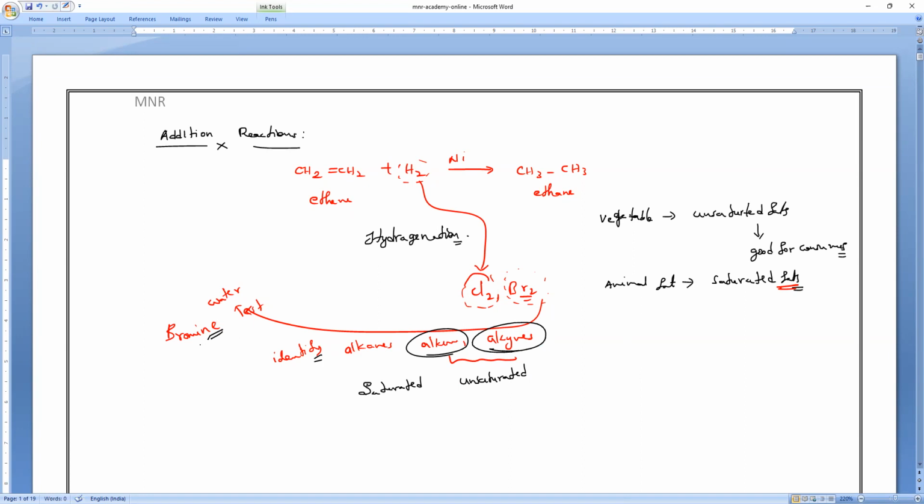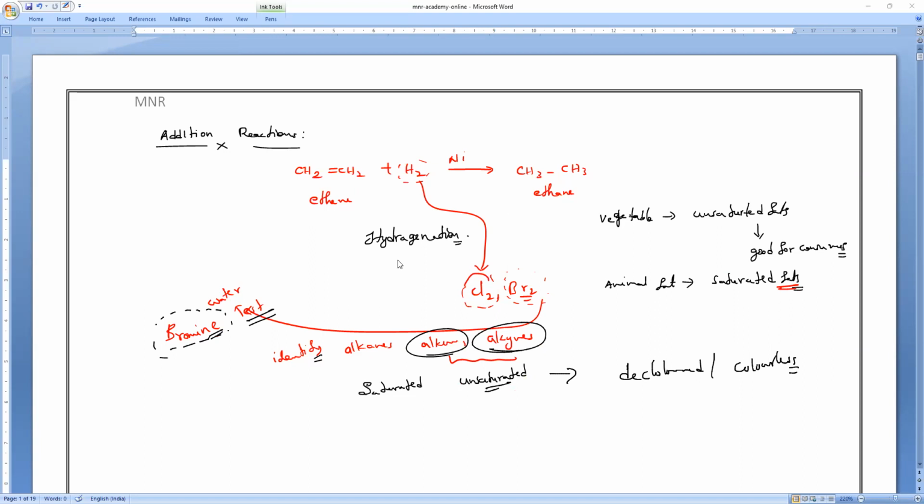Bromine water is basically brown in color because of the presence of bromine. Now, if it reacts with unsaturated hydrocarbons, it will be decolorized, or it will turn colorless. That is how we identify what is unsaturated hydrocarbon and what is saturated hydrocarbon.